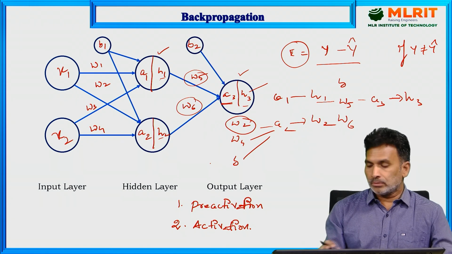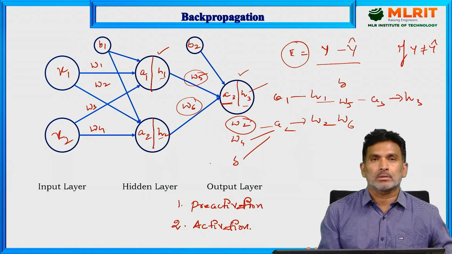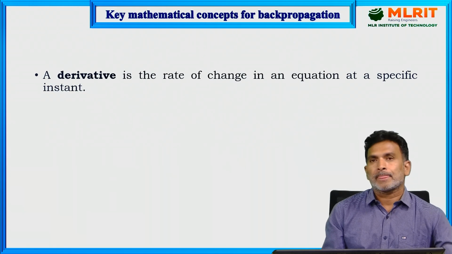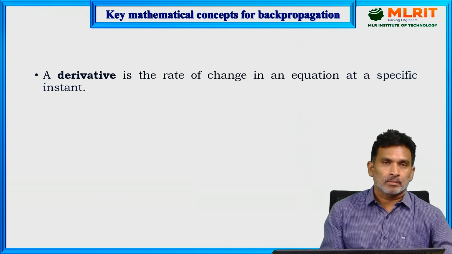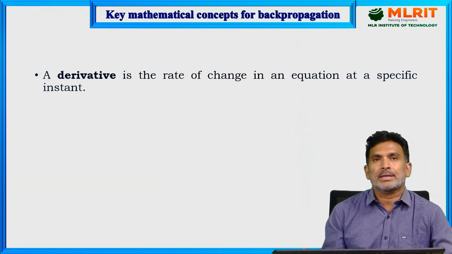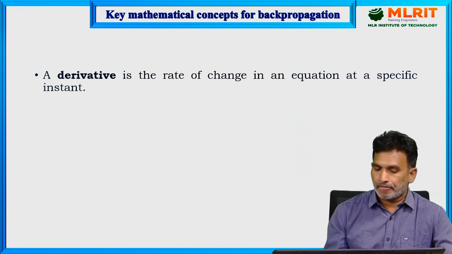So to understand the further concepts, we have to recall a few basic mathematical concepts which are very essential. So let us see what those concepts are. The first one is a derivative. That is the rate of change in an equation at a specific instant.